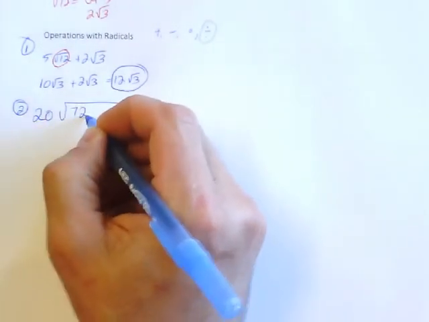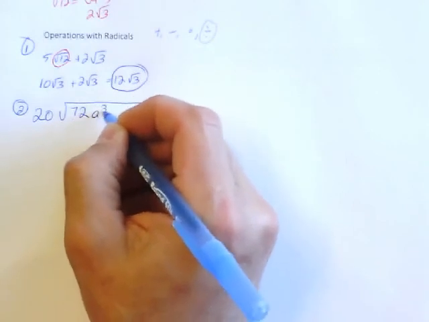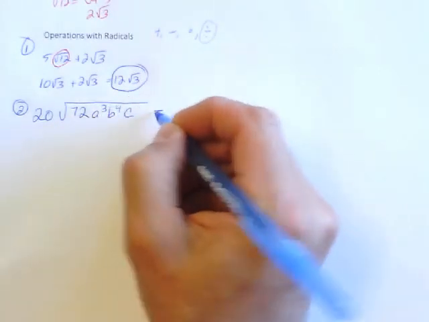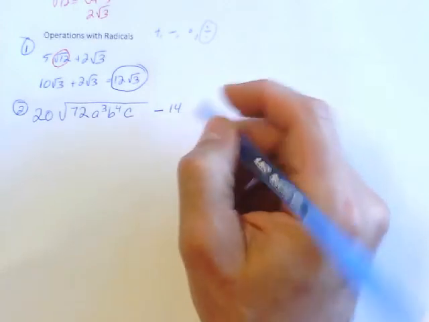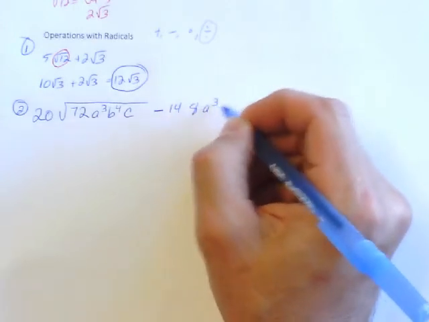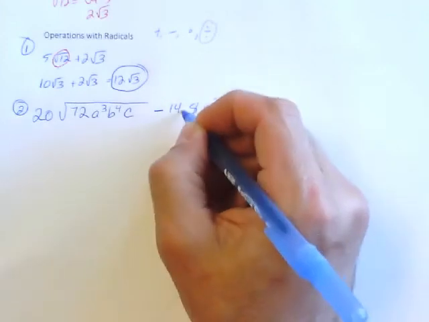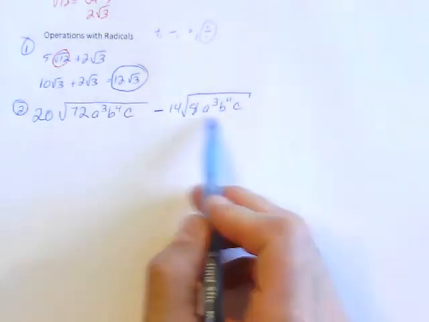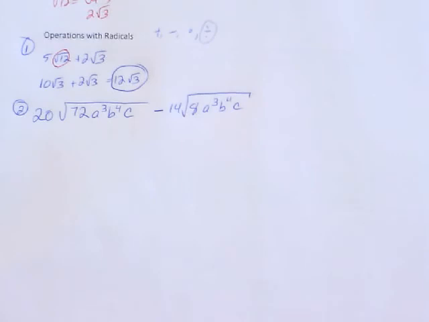I've got one that's a little more meaty. 20 radical 72 a to the 3rd b to the 4th c minus 14 radical 8 a to the 3rd b to the 4th c. Okay.